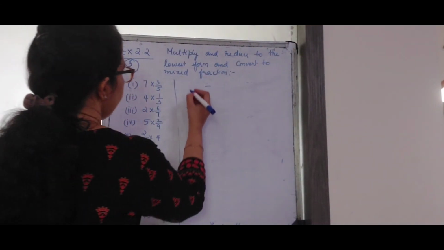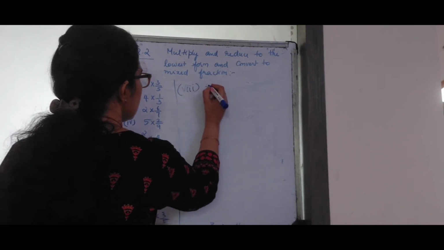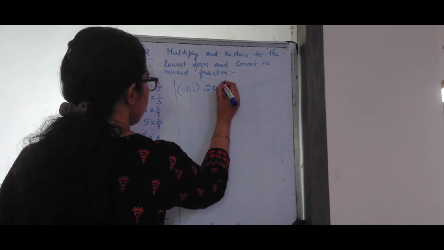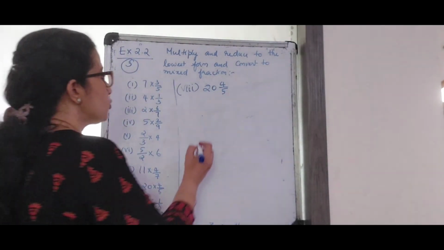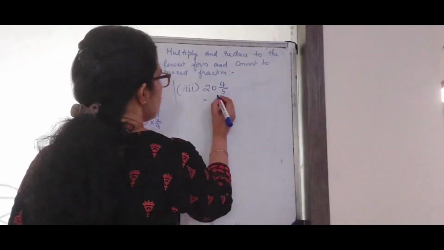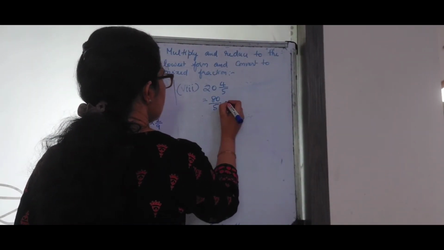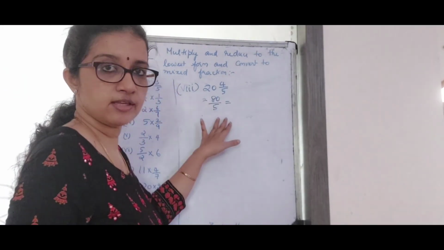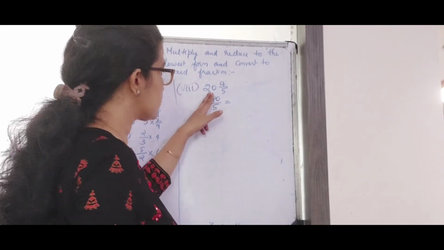Now let's take the eighth problem. 20 into 4 is 80. 80 by 5. See, this can be further simplified, right? So what is 80 by 5? 5 is divisible in 80.